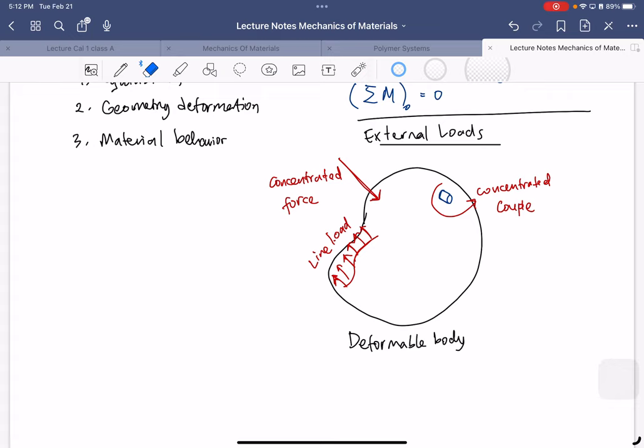Let's imagine this is taking some surface here, and from the surface it also gives some forces. My arrows are really bad, sorry. So we call this the surface load. The load is pushed through the surface.